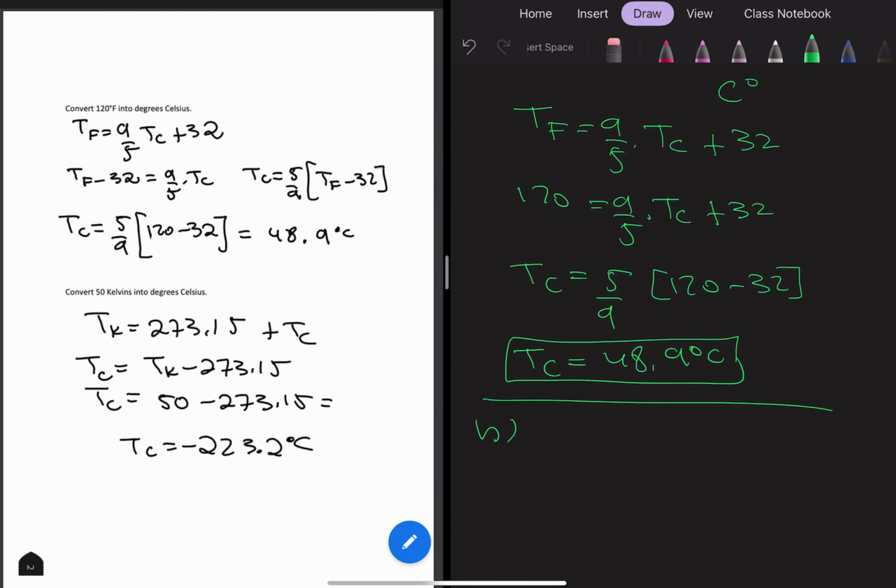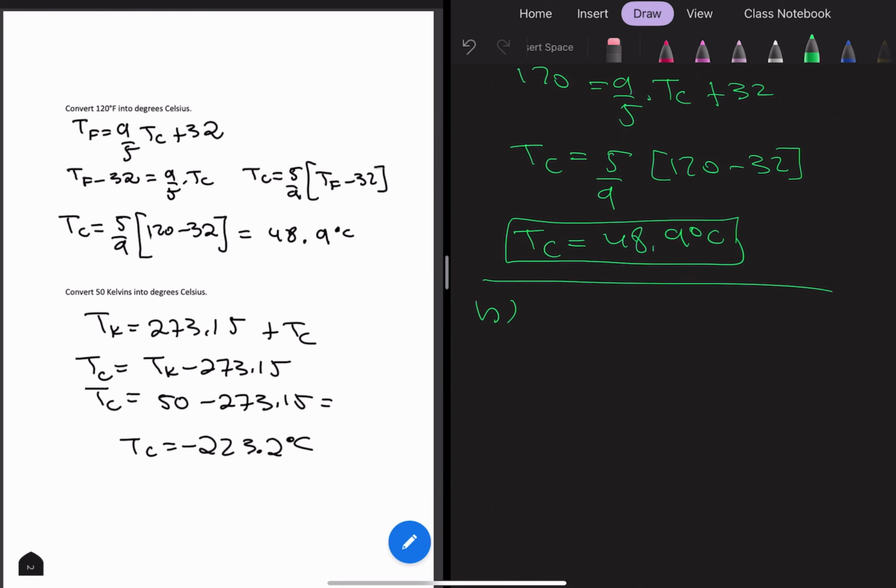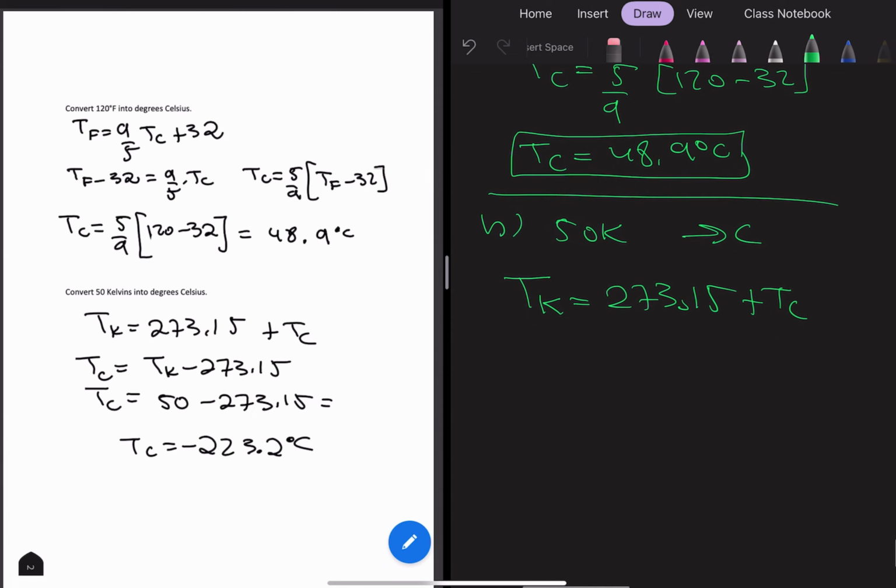And for part B, we wanted to convert 50 degrees Kelvins into Celsius. So the conversion is temperature in Kelvin is equal to 273.15 plus the temperature in Celsius. So the temperature in Celsius is going to be temperature in Kelvins minus 273.15.